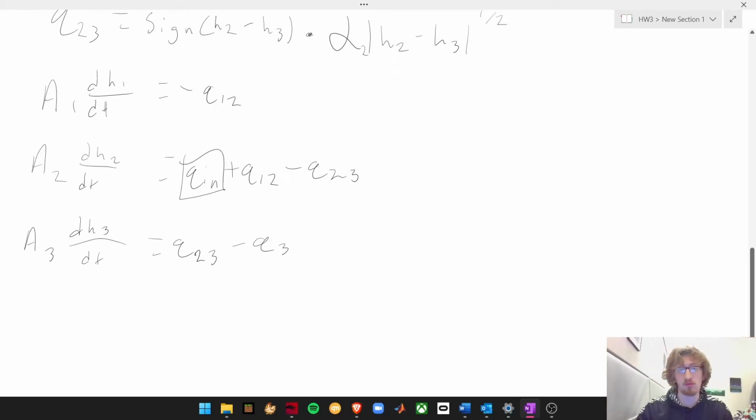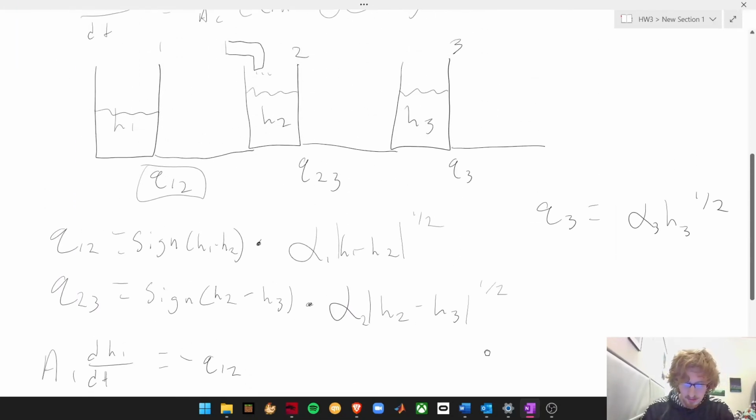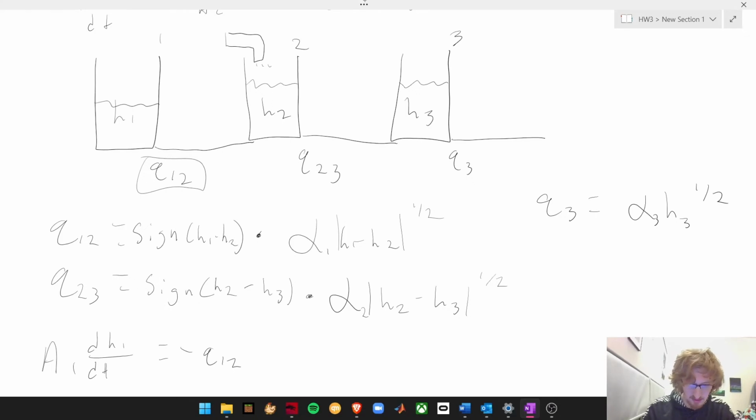So proportional control takes the difference between a desired set point of a certain tank. In this case, we're going to be using tank 3. And we're going to be using it to determine kind of how much of the fluid we're going to be putting in. So let me scroll back up here. So our Qin, and I've got to get rid of my panning hand. There we go.